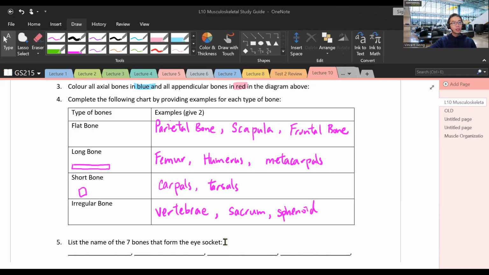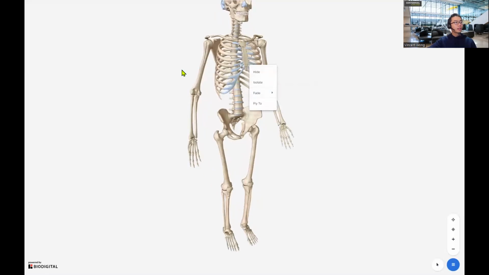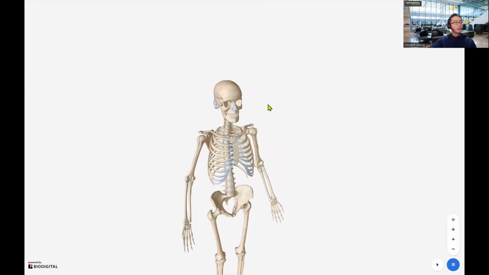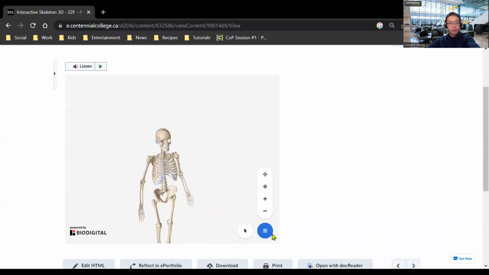Screen number 1. Can you see that skeleton here? Yeah. Okay. Actually, I think I should move it to this side over here. It's much easier that way. Okay, full screen.